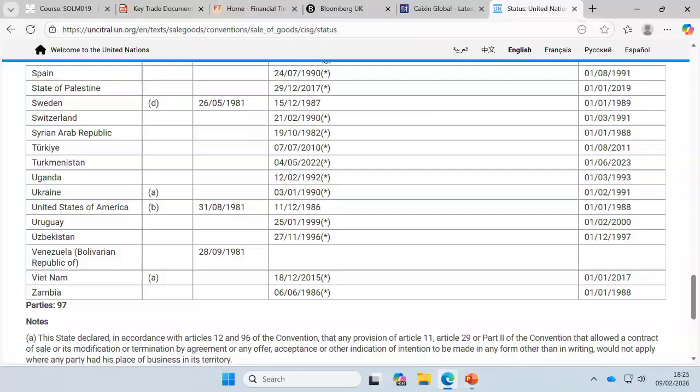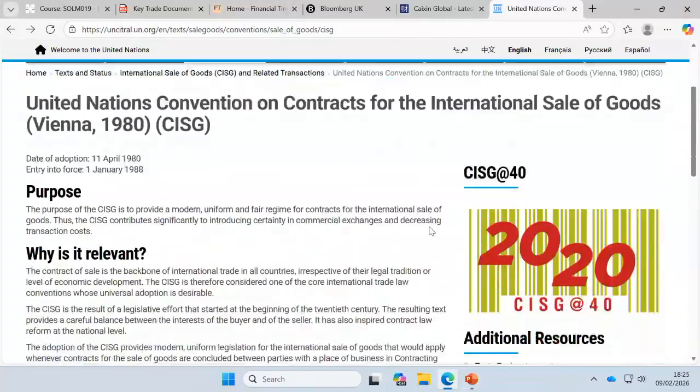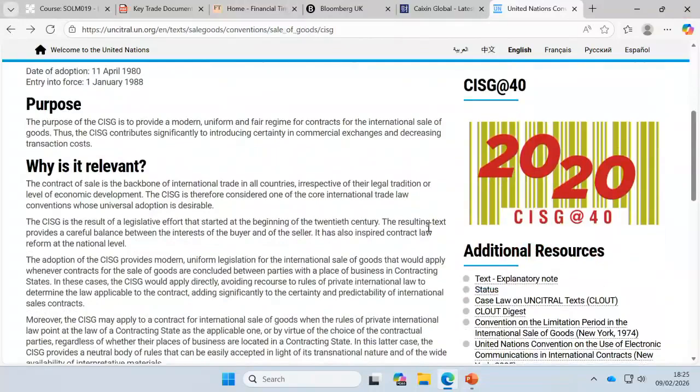Now, the purpose of the CISG is to provide a modern, uniform, and fair regime for contracts for the international sale of goods. Thus, the CISG contributes significantly to introducing certainty in commercial exchanges and decreasing transaction costs.